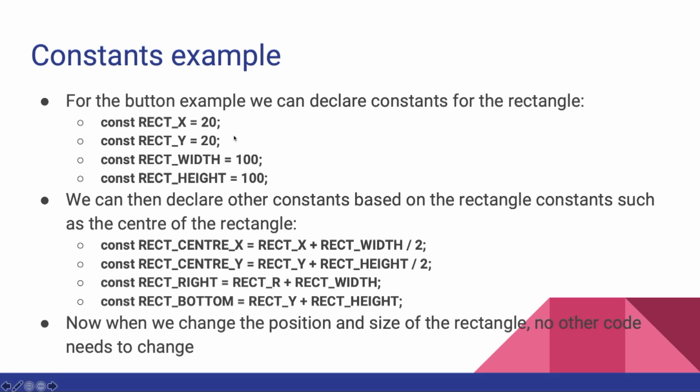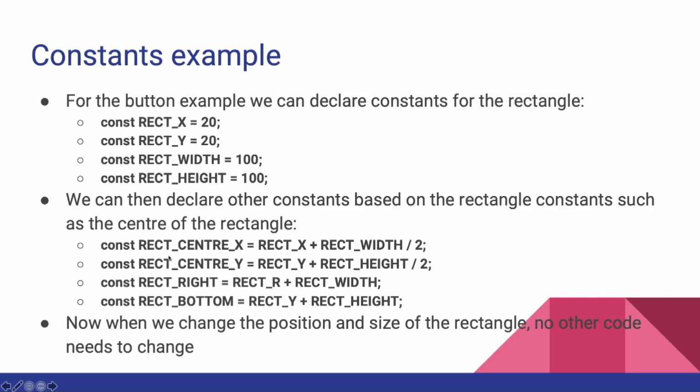So here's some constants examples. Okay, so I'm going to define a rectangle with some constants, and I might declare these constants outside of any function. It's okay. And so const rect x is the x, and const rect y is the y of a rectangle and their width and height. Okay, notice I'm using all shouty caps because I've declared them with constants, and that's a reminder when I see those names used later on that they're constants and not variables.